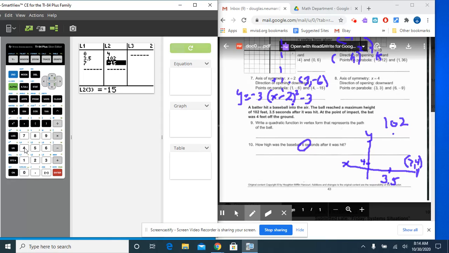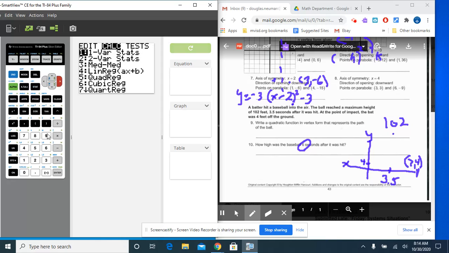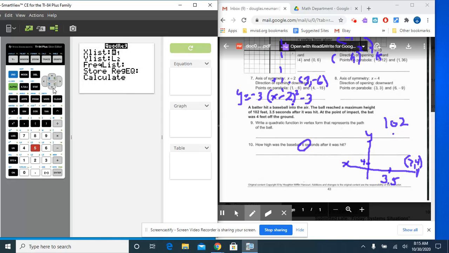And 7 is 4 again. Stat, calc, quadratic. I'm going to stop at store reg EQ because I have a question being asked about that when asked for the 6 seconds. So vars, y vars, and then just press enter until you see an equation.